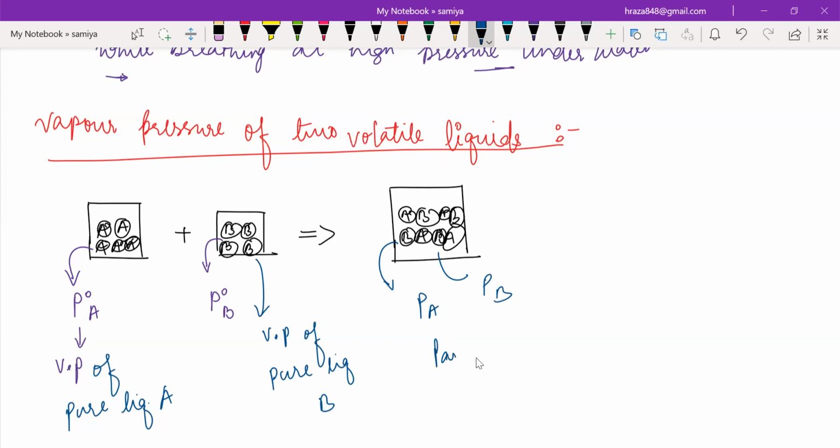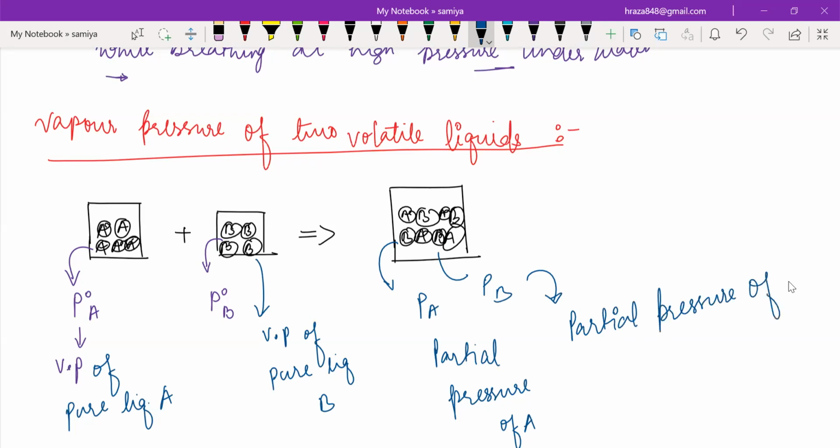PA is the partial pressure of A, and PB is the partial pressure of B. First, you are going to write this and then let me know. There will be Raoult's law.